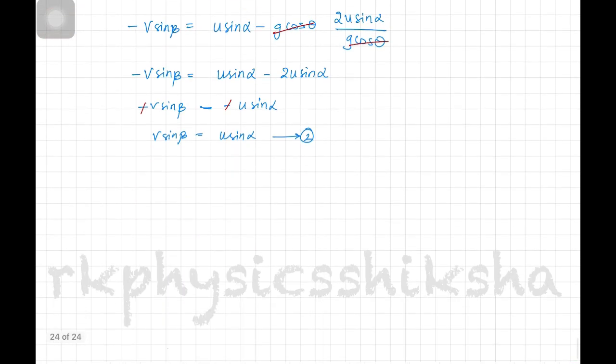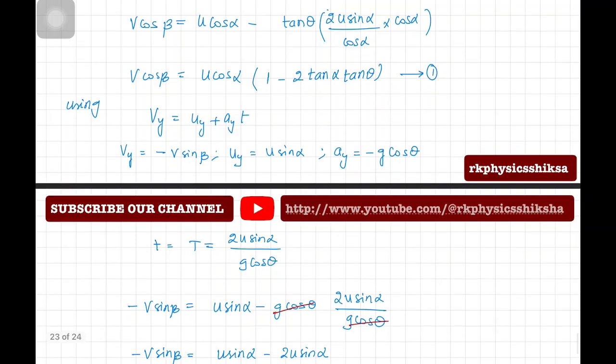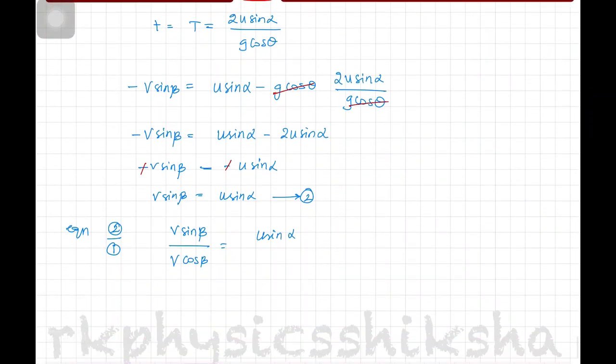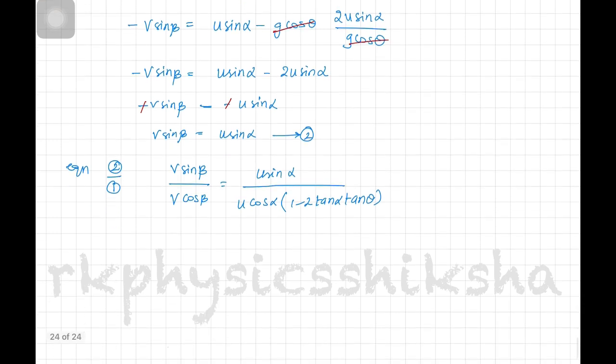In that case, equation 2 divided by equation 1, what will I get is V sin beta by V cos beta is equal to u sin alpha divided by u cos alpha into 1 minus 2 tan alpha tan theta.